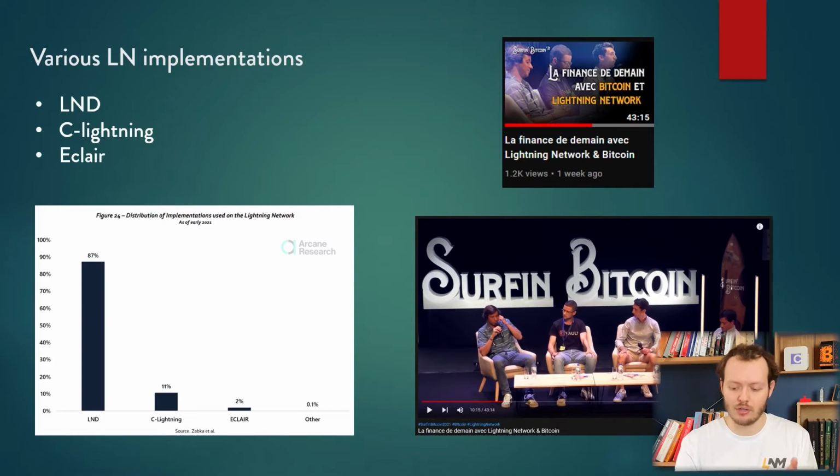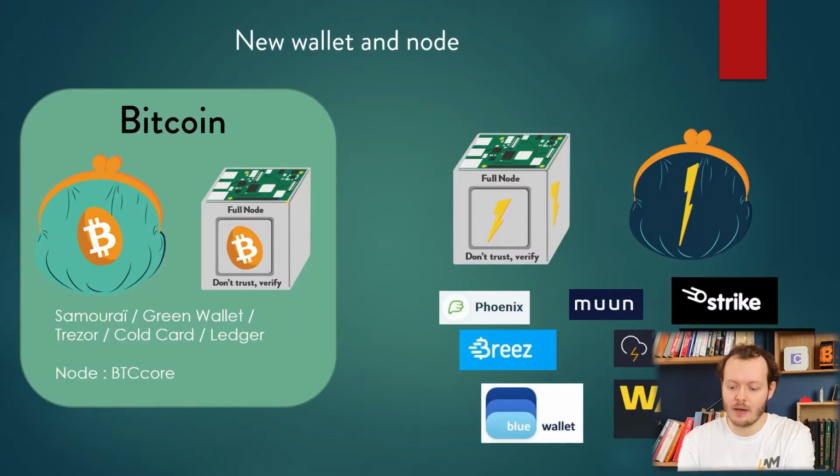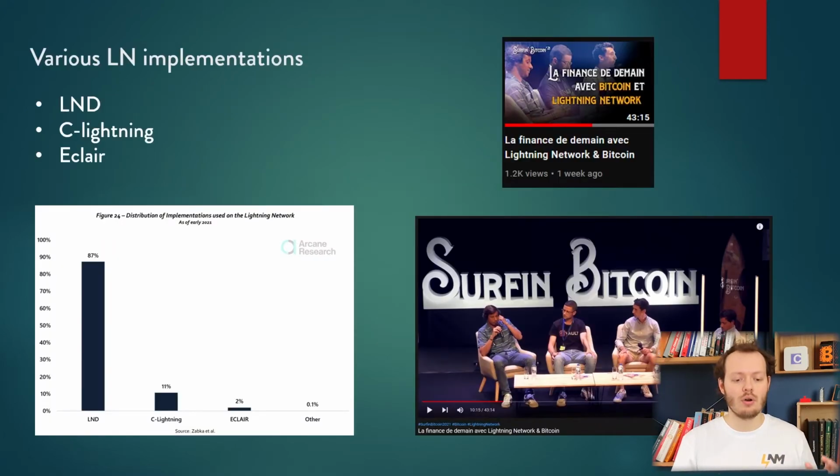Breez is also really good if you want my 2 cents on it. BlueWallet is really easy for beginners. I will not recommend Wallet of Satoshi simply because it uses Amazon, and a full node is probably also a really good solution. Whatever. So Eclair is Phoenix. C-Lightning, if I remember correctly, is Blockstream, and LND is Lightning Labs. If I got that wrong, some voiceover is going to correct it.